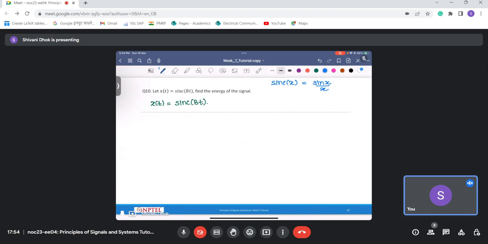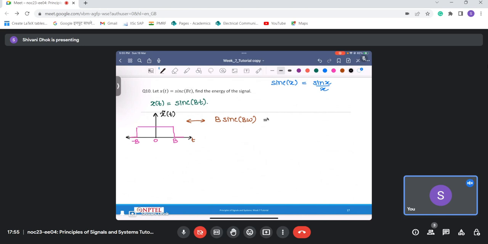What we had seen earlier is that if this is x tilde(t) of this form, the Fourier transform of this was b times sinc(b omega).